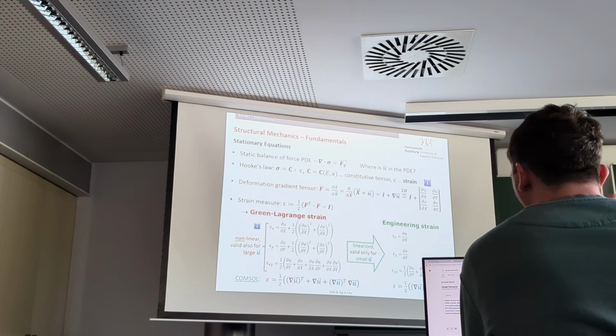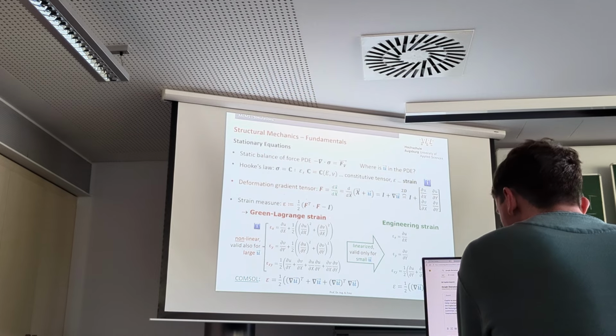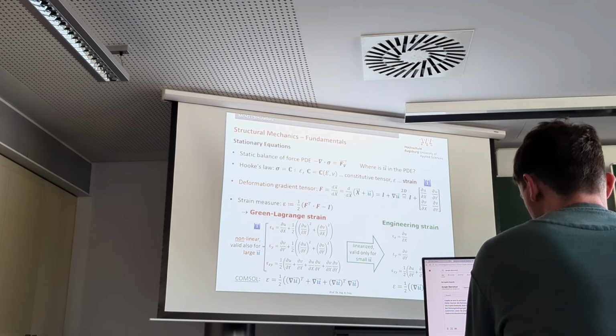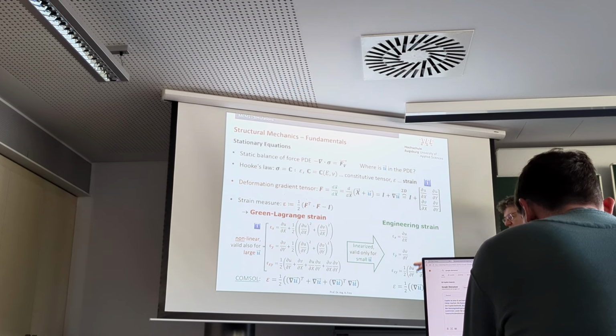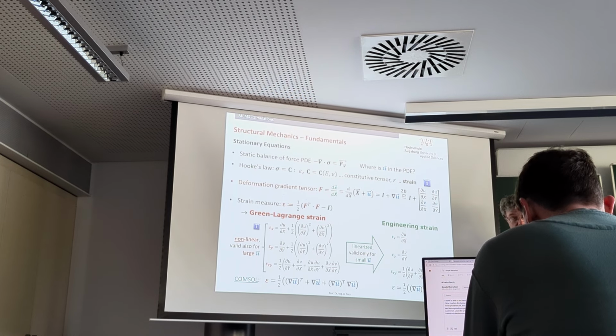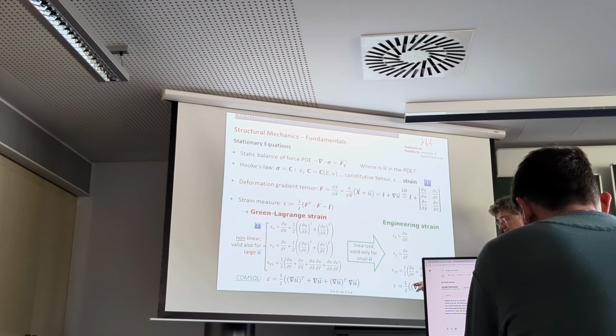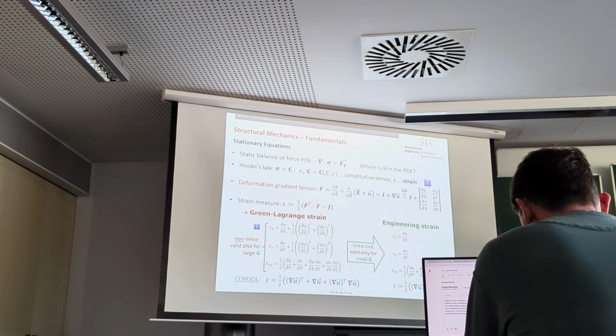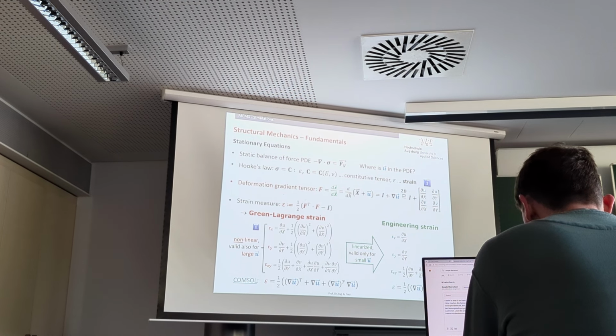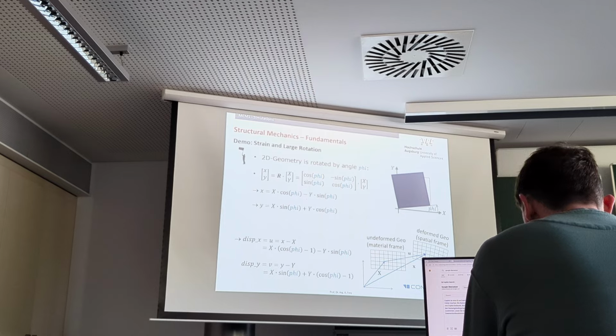This is basically the same thing, just a different way to write it. And if engineering strain is used, the equations can be for 3D, you know, it was only for 2D. You can imagine it gets even more lengthy, not more complicated. The equation would look like this.